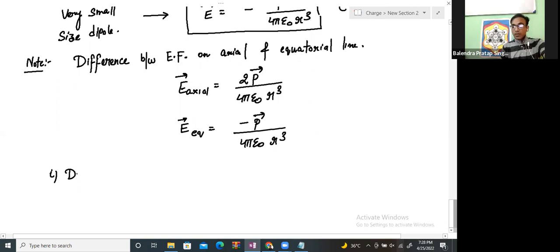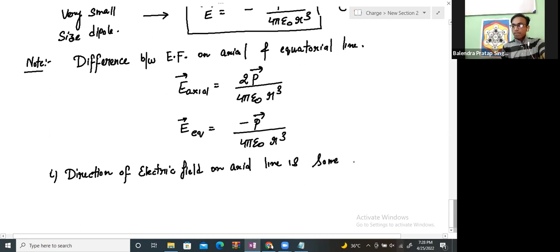Take a note. First, related to direction of electric field. The direction of electric field on axial line is the same as that of dipole moment.